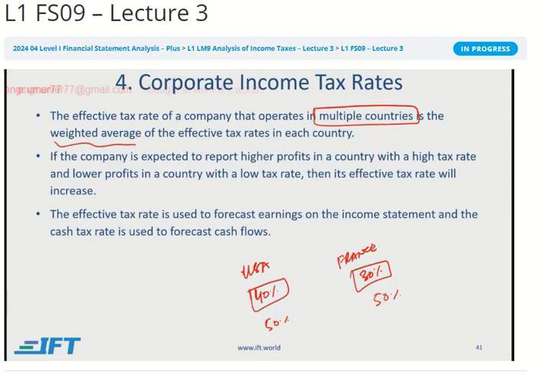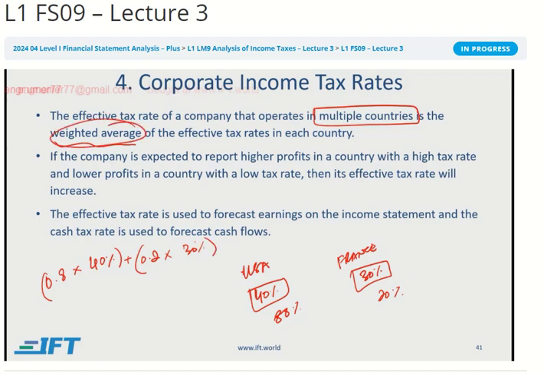But if it is not 50-50, let's say 80% of the revenue is coming from the USA and 20% from France, then we will give 80% weight to the US tax rate and 20% weight to the French tax rate.